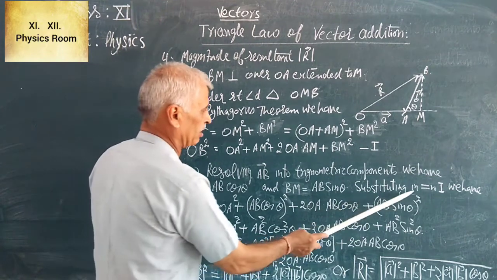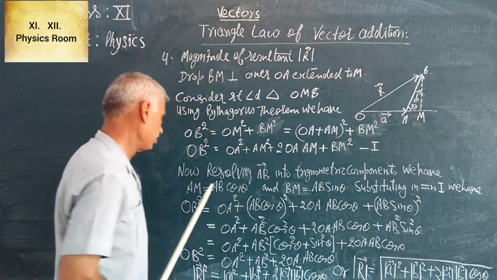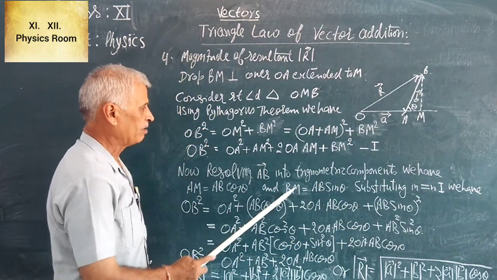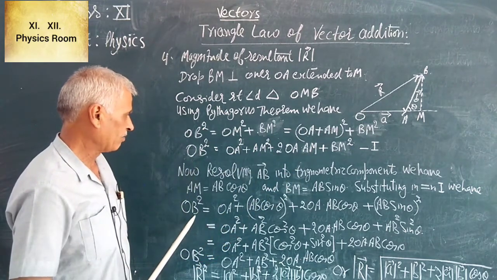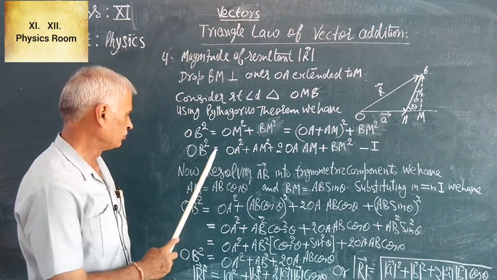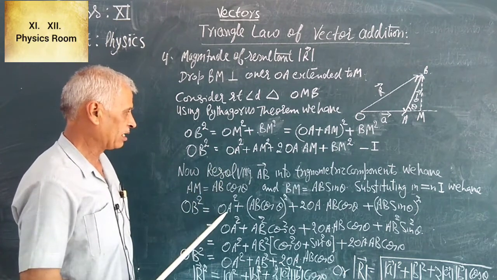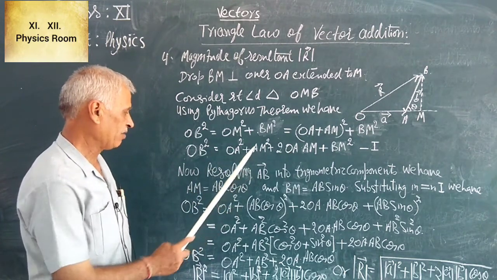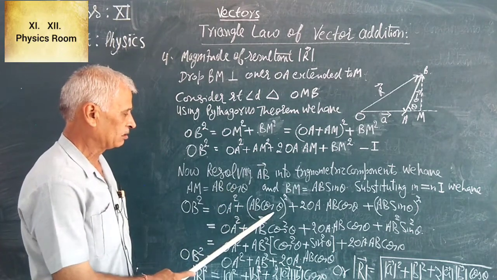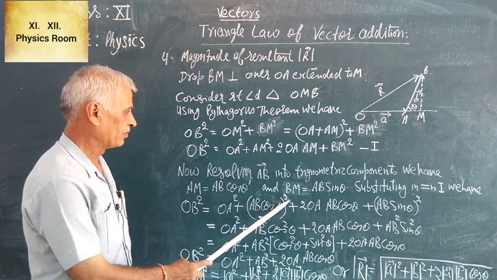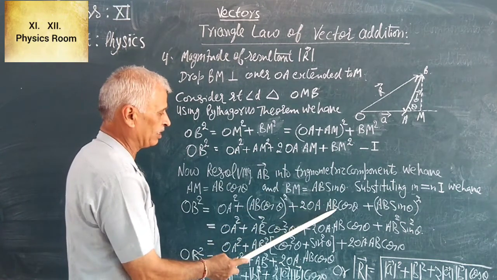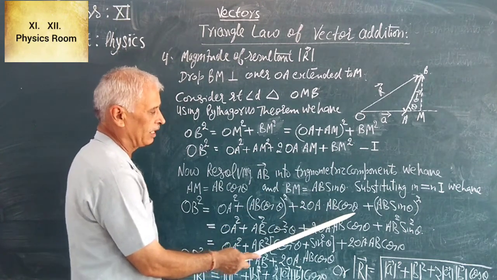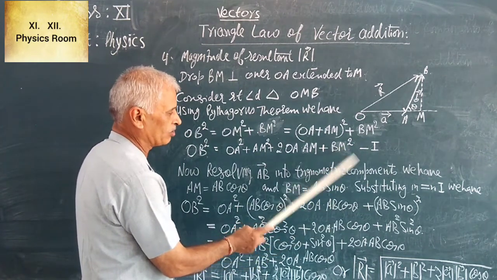Now substituting in equation 1, we substitute the value of AM and BM in equation 1, we get OB square is equal to OA square plus, in place of AM we write AB cos theta whole square, plus 2 OA, in place of AM we write AB cos theta, and plus BM square.